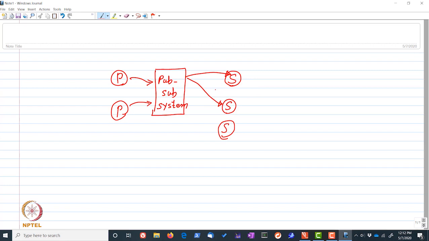So in the case of a stock market, one of the stocks that you were interested in has changed. So you would like to take a look at the new stock price. So in general, what happens for subscribers is that they express interest in certain topics.